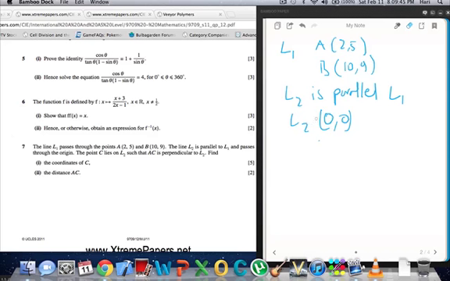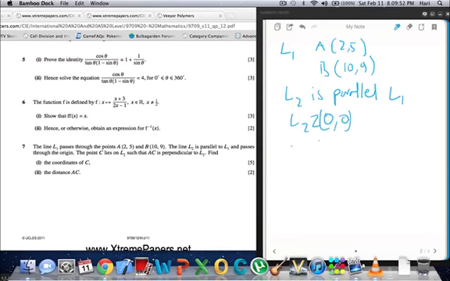So let's not use point C. Let's say point Z. So the point C lies on L2, such that the line AC is perpendicular to L2. That means the slope of AC and the slope of L2 multiply to give -1. So we need to find the coordinates of C.